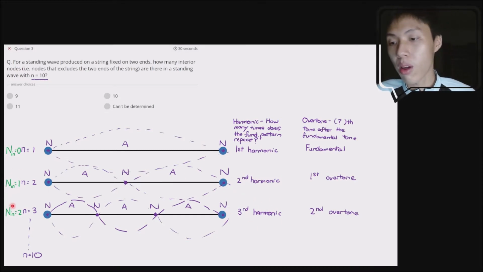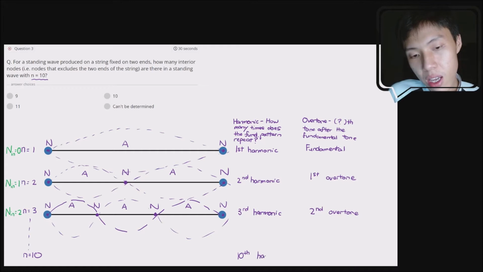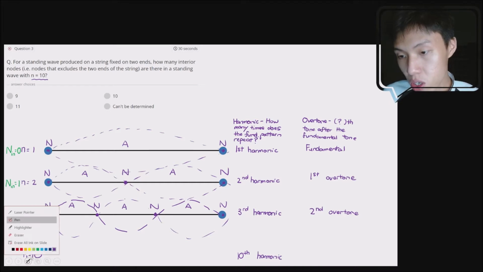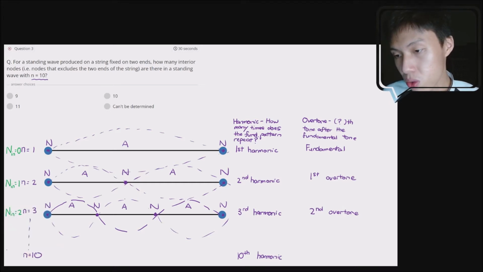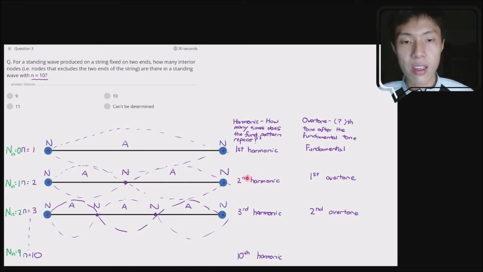Third harmonic, you have two interior nodes. Therefore, if you're in the 10th harmonic, I believe you know that the number of interior nodes should be equal to 9. It's always one less than the number of the harmonic.